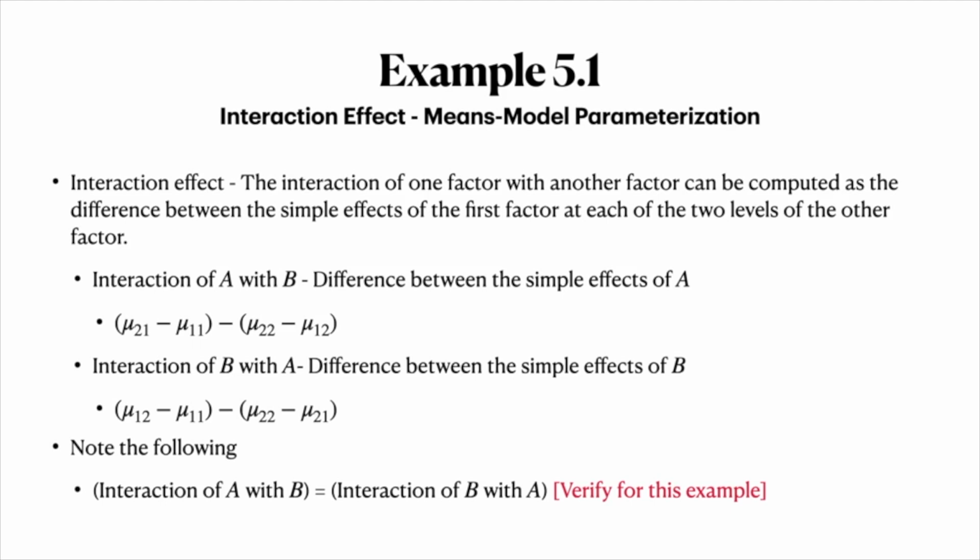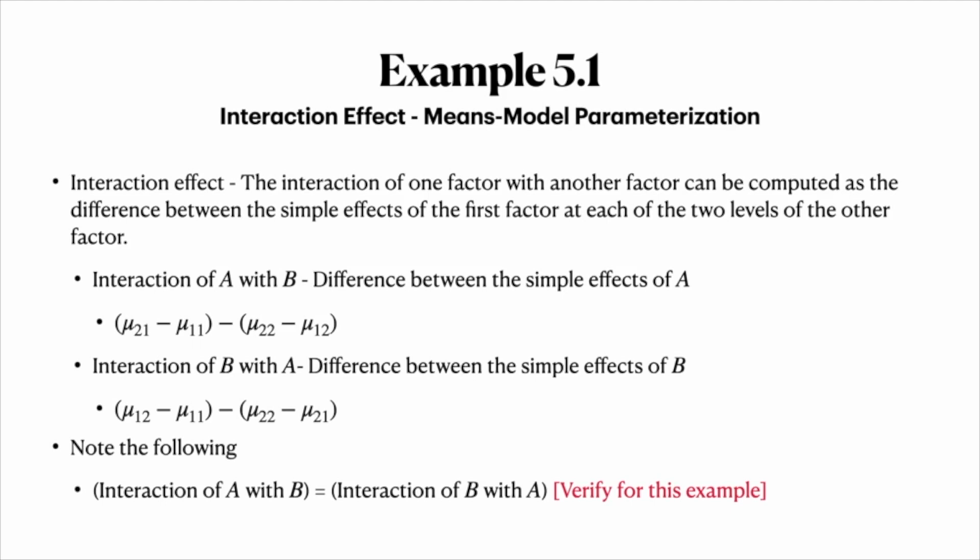The interaction of one factor with another factor can be computed as the difference between the simple effects of the first factor at each of the two levels of the other factor. So the interaction of A with B is the difference between the simple effects of A. The two simple effects of A are mu21 minus mu11 and mu22 minus mu12. When we take the difference, we get the interaction of A with B.